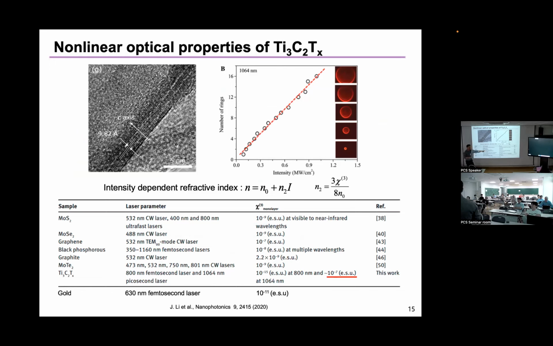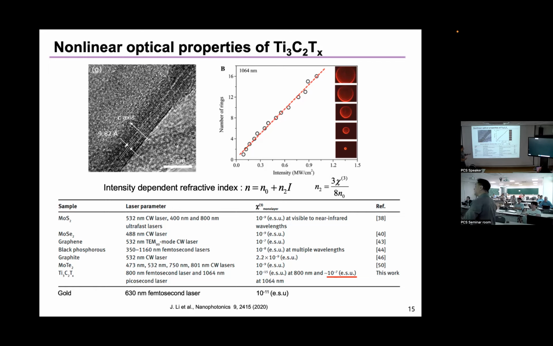We can simply think that this is a 2D structure, and an air gap is generated between these two layers. If you shine an electromagnetic field on this structure, it oscillates, but there are very many surface terminations, so there is a very high chance to get a large nonlinear coefficient in this structure.